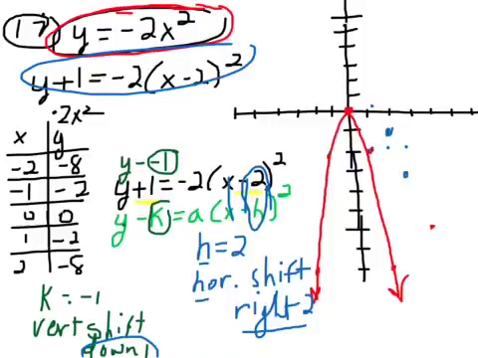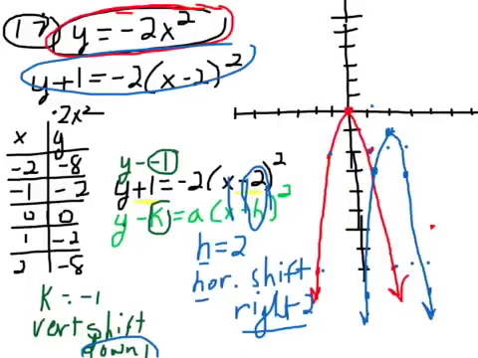I'll come over to the red one that's at -1, -2 and go right 2, down 1. I'll take these points, -2, -8, and go right 2, down 1. It'll end up here. And then I'll take this other one at 2, -8, and go right 2, down 1.